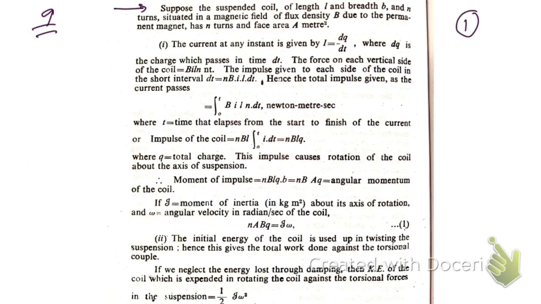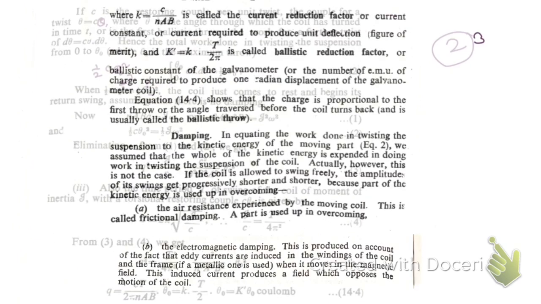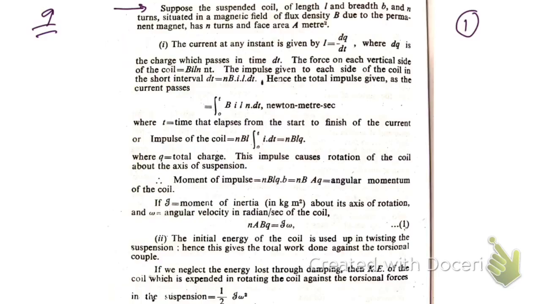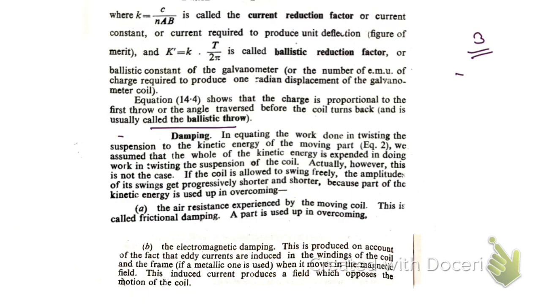And this is c theta naught square. Let me write it, half c theta naught square, if you can't recognize it, and this is I omega square. And this is the third piece, and the first part of the question ends here at the third piece up to this point.